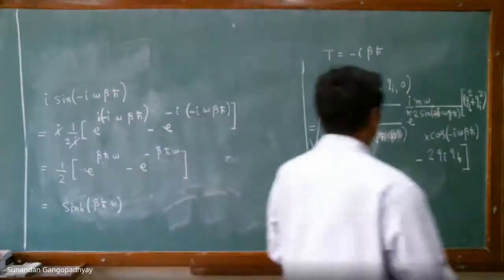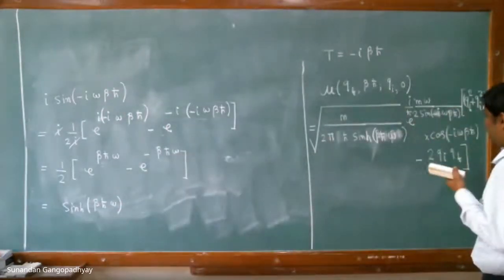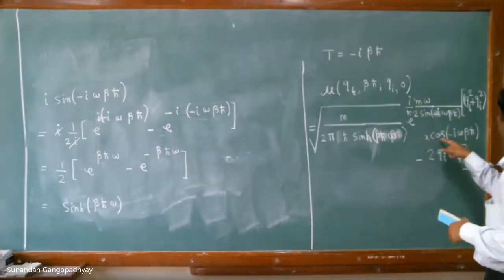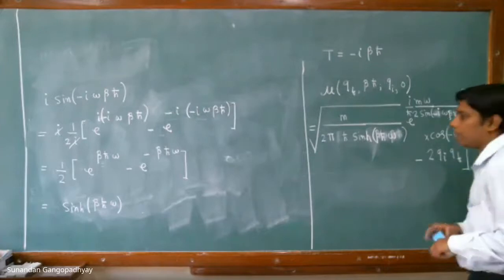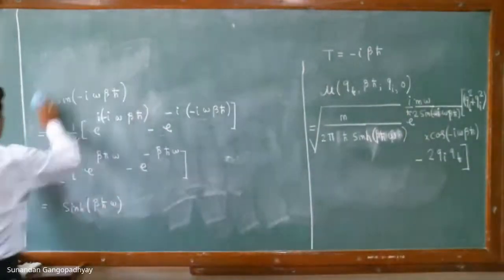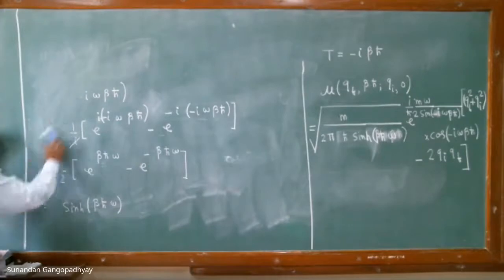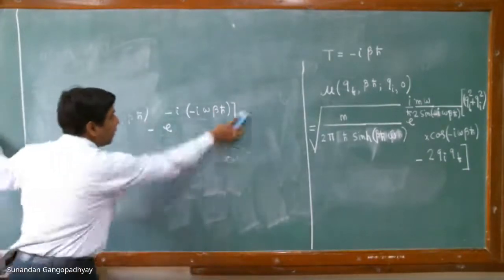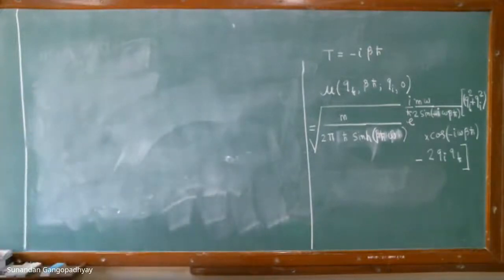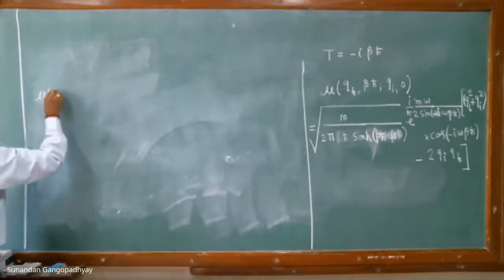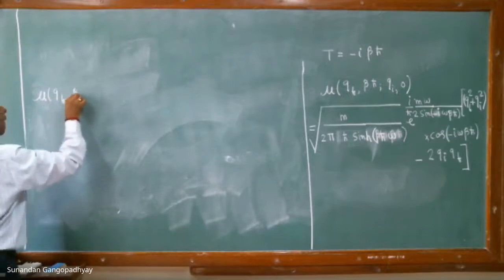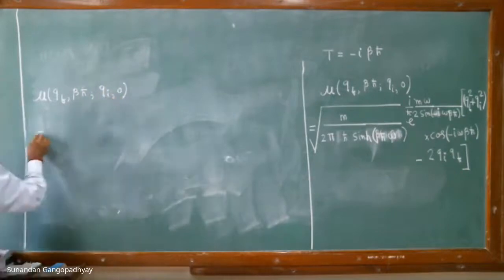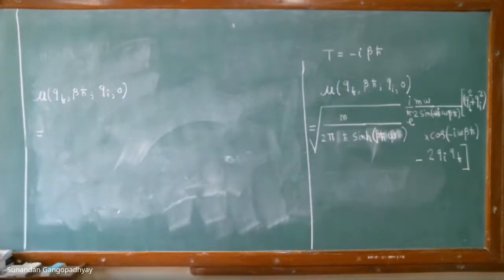So you also have sine of minus I and this thing, and you have an I upstairs in the numerator, and here you also have a cosine of minus I omega beta h bar. So if you do the same algebra as I've just done here, then you can finally write the propagator in this way.